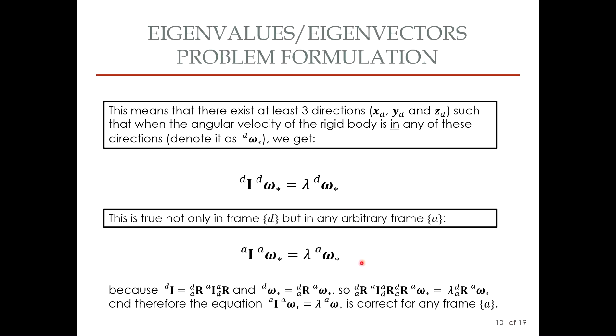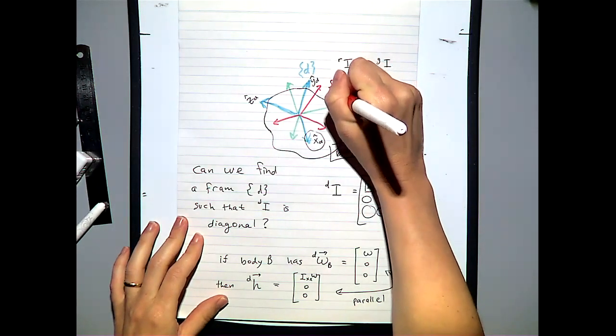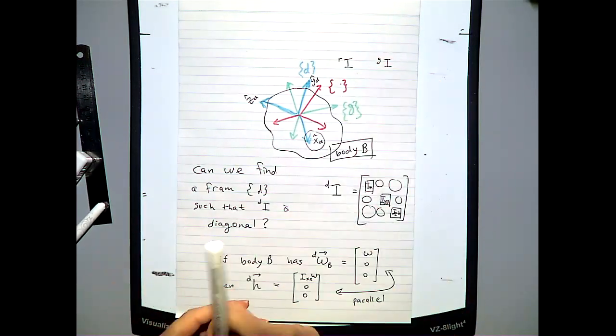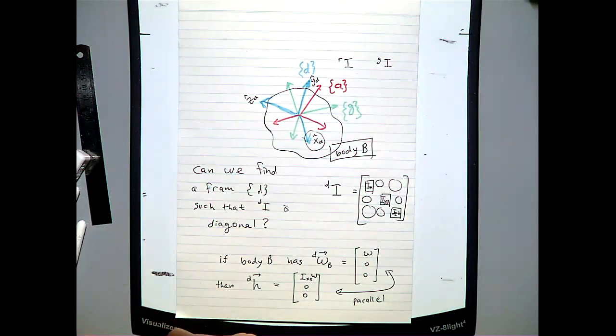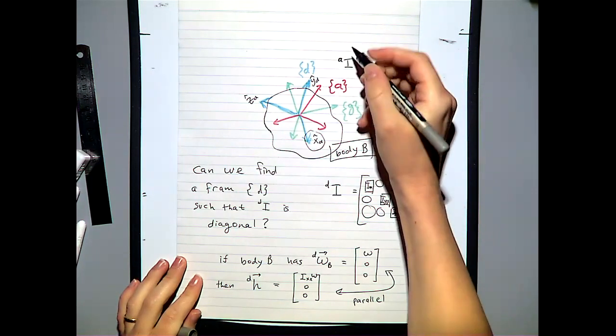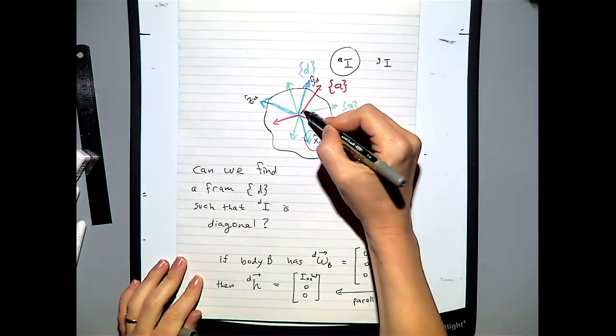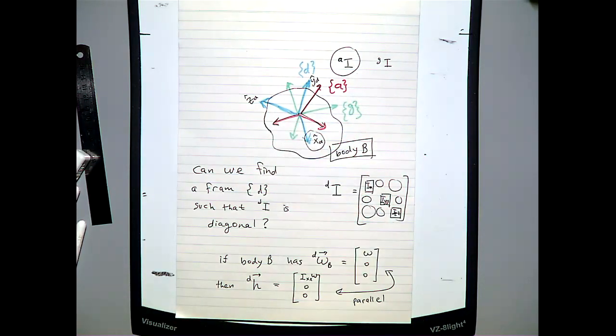We are starting by fixing some random frame, and instead of R, I'll call it A. So let's say we are starting with A frame, fixing this somehow, and we are looking for that wonderful frame D.